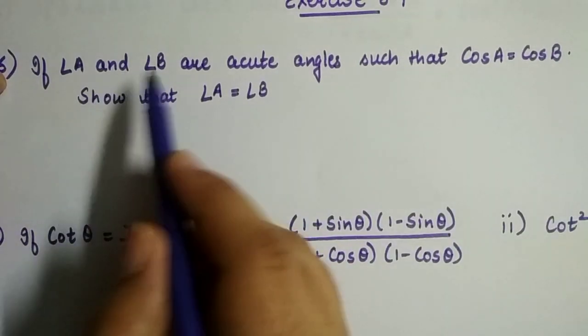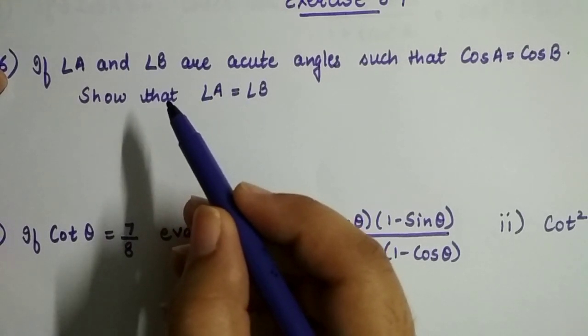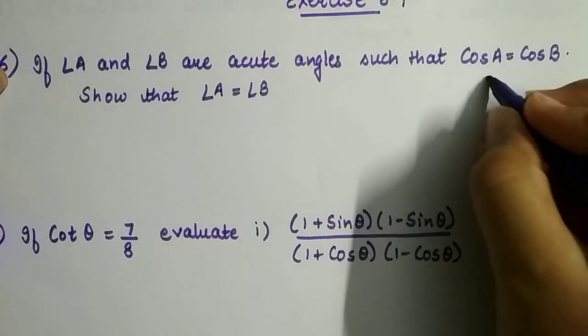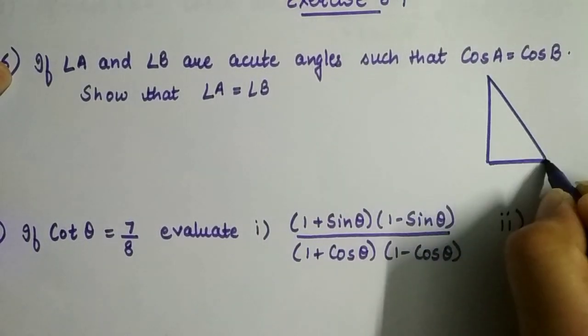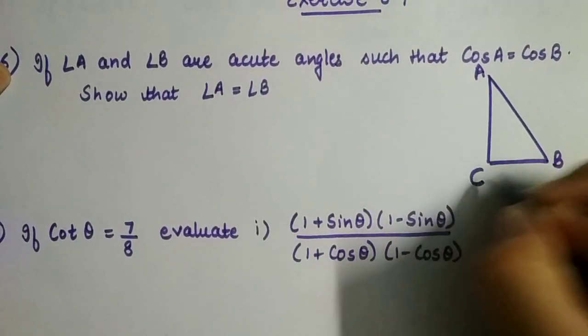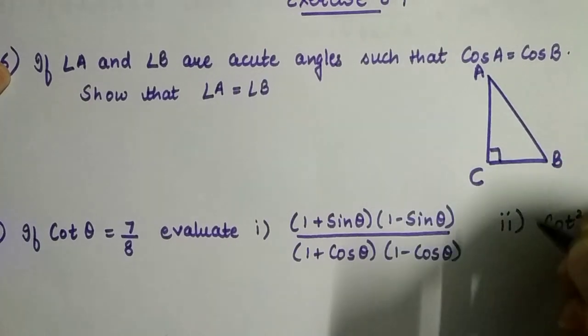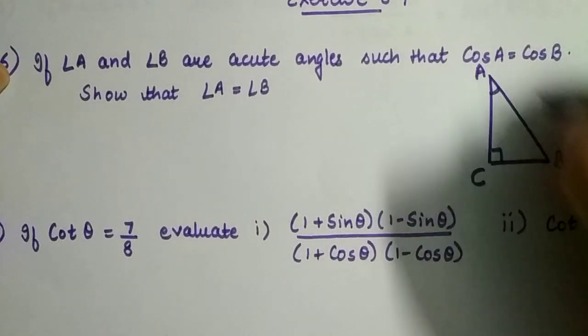Therefore, if A and B are acute angles, the remaining angle C should be 90 degrees. Therefore, our triangle will be formed like this: A, B, C, where C is 90 degrees, and A and B are acute angles.